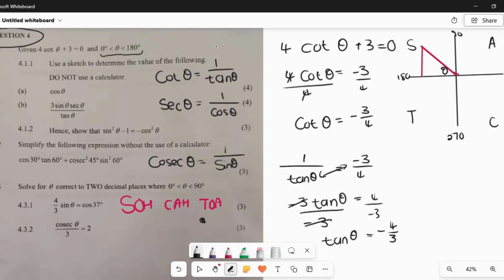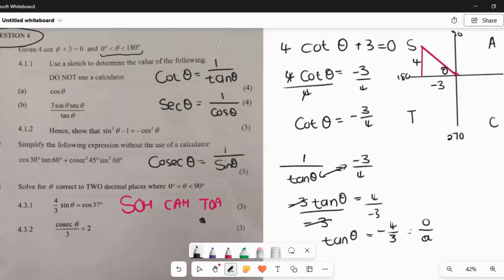Therefore, it means this number here should be negative, no, not negative. Let's take a break. Remember, tan is opposite over adjacent, right? So yes, I'm correct. I'm going to have -3 there. And then this side, we are going to have a 4.